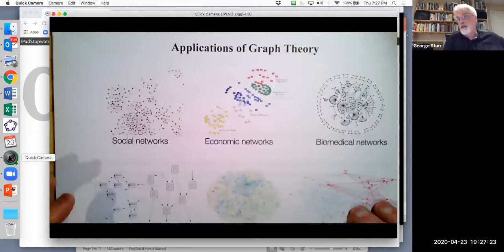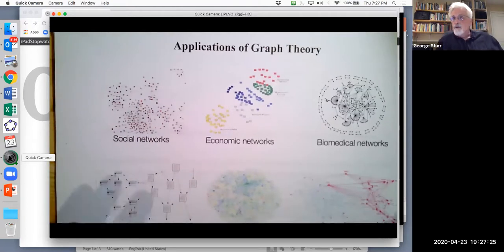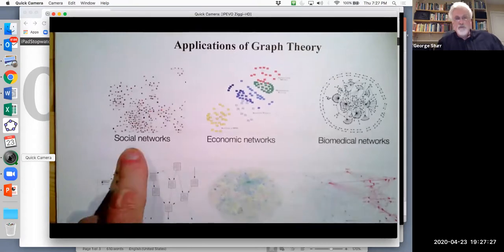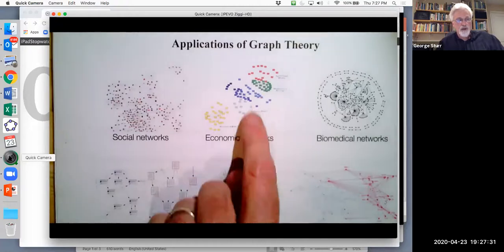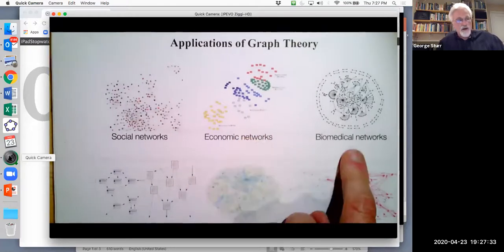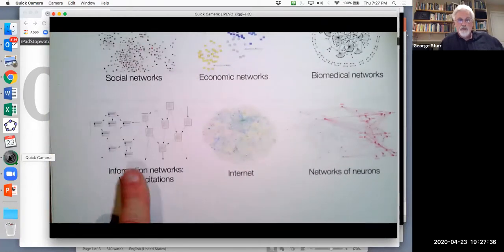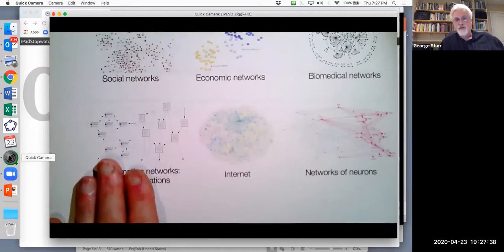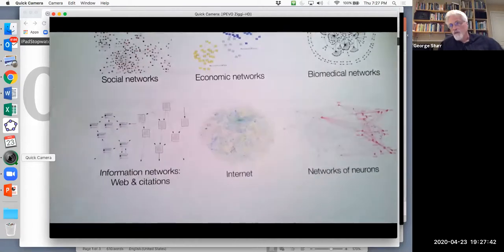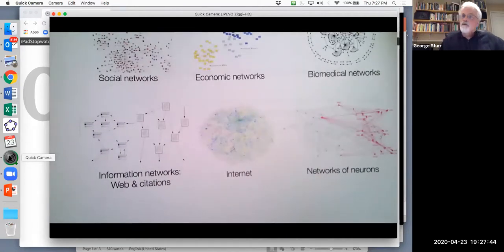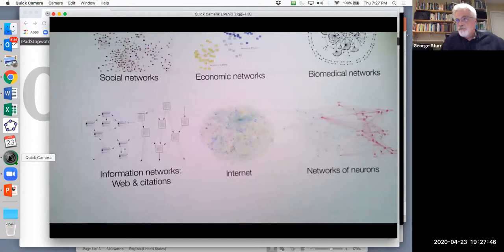I just give you a taste of it here in my little intro paperwork: you find applications in social networks, networks for economic structures, biomedical, obviously the internet, information networks, and neurons. I mean, that's really big nowadays, neural networks and so forth. Underneath all of that is graph theory.